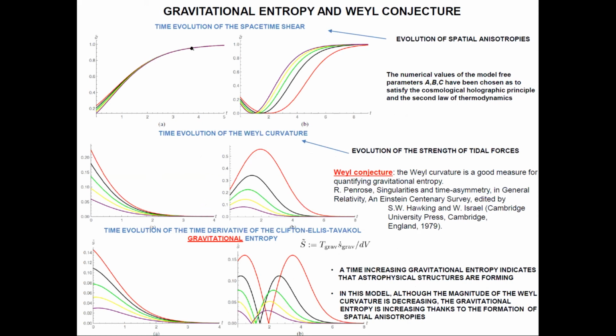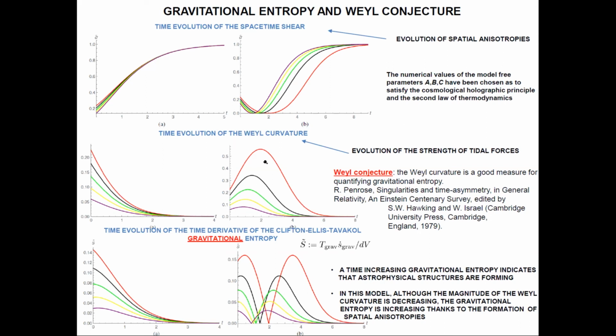So here I am plotting the time evolution of the space-time shear, which quantifies the evolution of spatial anisotropies within the model. And in these 6 figures, the numerical values of A, B, and C have been chosen so as to satisfy the cosmological holographic principle and the second law of thermodynamics for the matter.